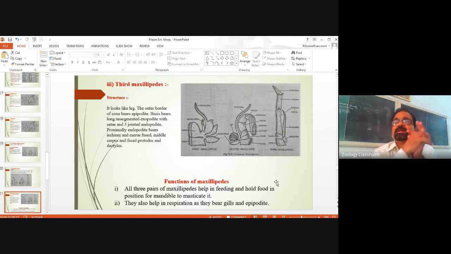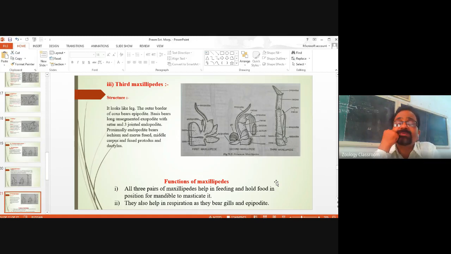Our fingers are taking the food towards the mouth, and it enters the mouth for mastication. Likewise, the food from the surroundings is collected, brought into position, and taken towards the mandible for mastication.